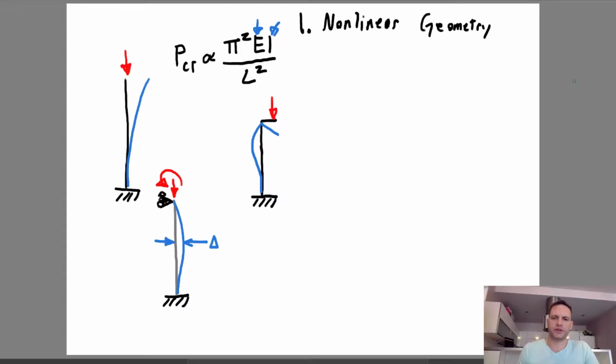And what happens often in industry is people will say, well, we're not going to take into account nonlinear geometry, so we're just going to throw a high factor of safety on it, maybe 5. And maybe that'll cover you. Maybe it won't, but that means that you are not actually calculating the physics of the situation.